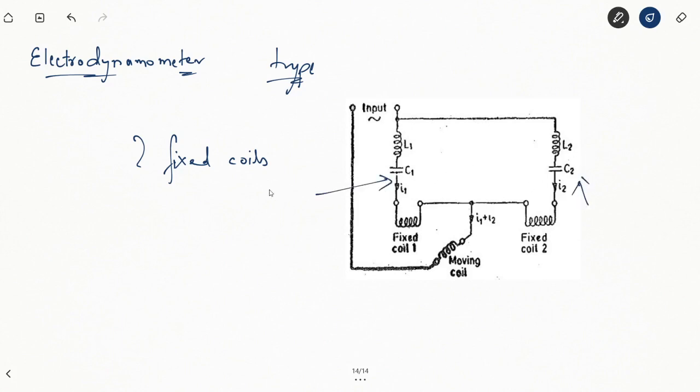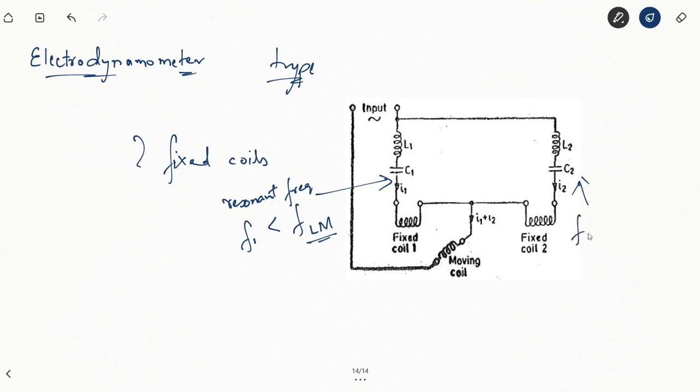The difference will be that the resonant frequency F1 of this side of the circuit will be less than, say for example, we have this device measuring between a range of 40 Hz and 60 Hz, the lower measurement of the frequency that this particular circuit can measure.